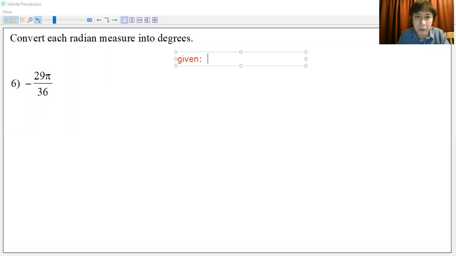The given is negative 29 pi over 36, and the unit here is radians. So it's negative 29 pi over 36 radians.